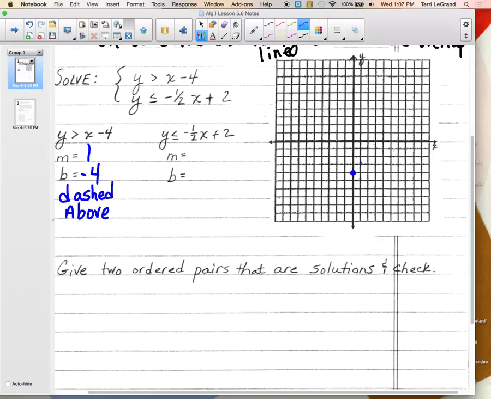Make lots of points. We need really good boundary lines for these systems. And when you're shading, shade lightly.